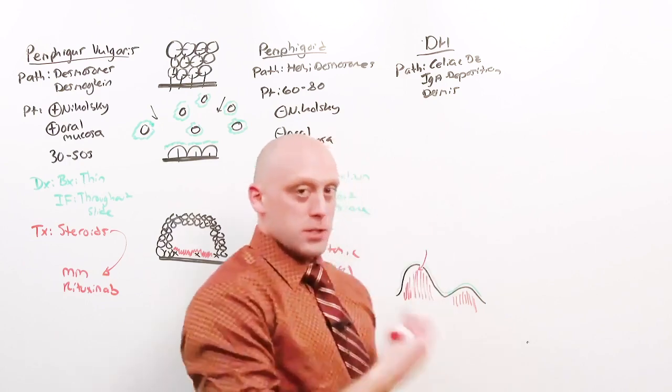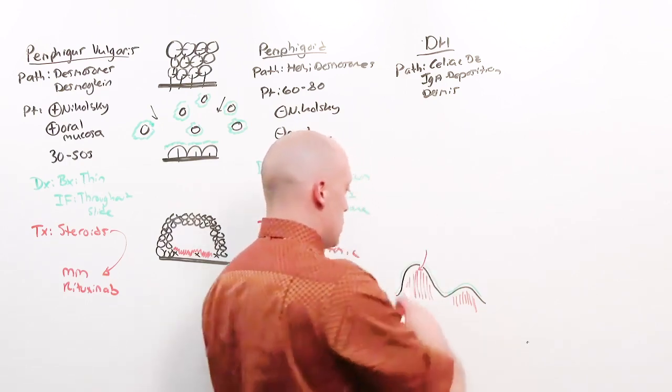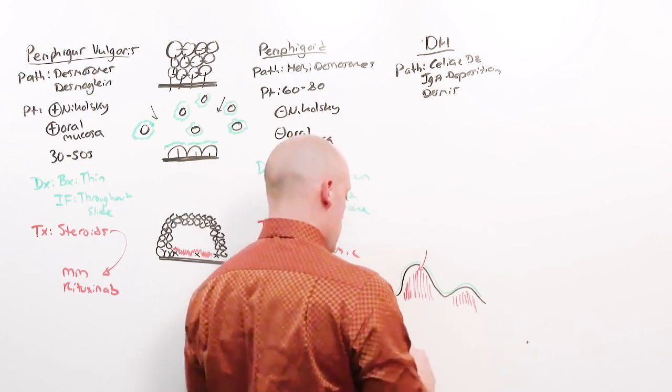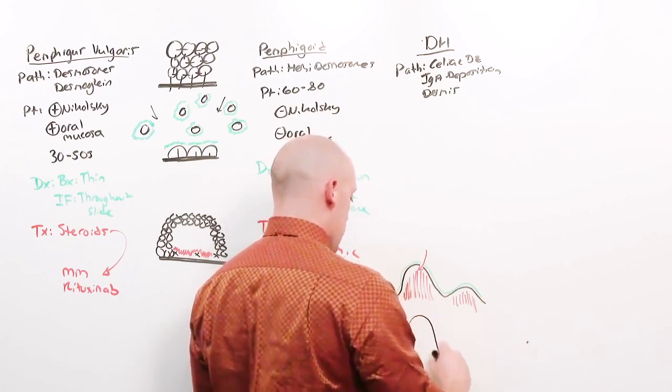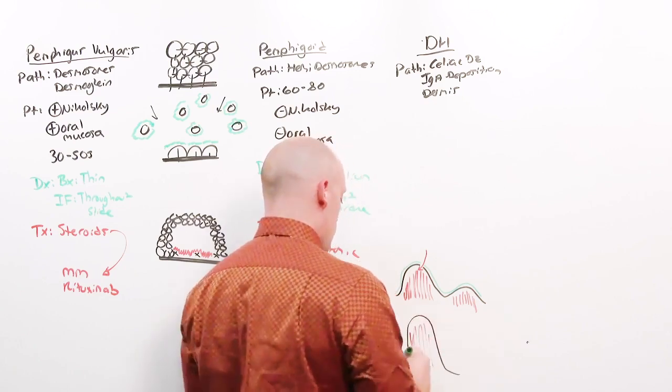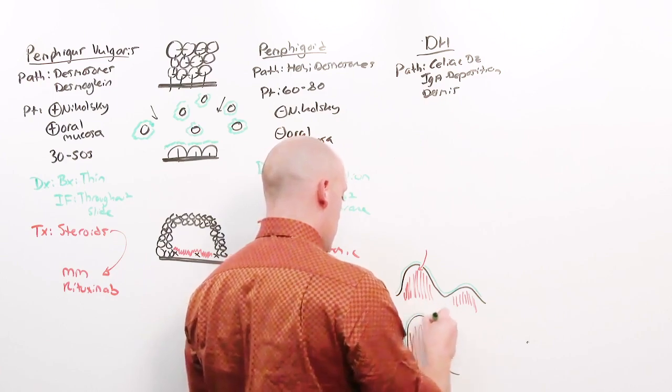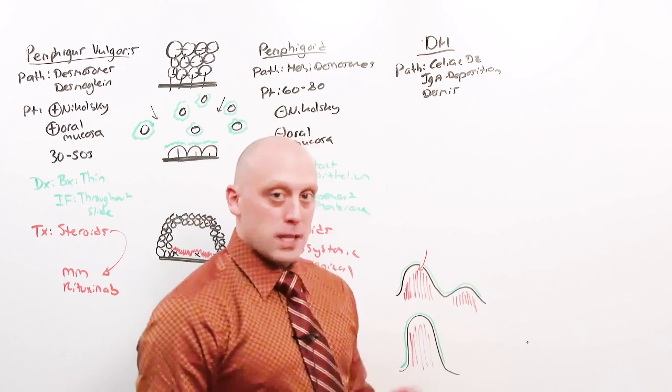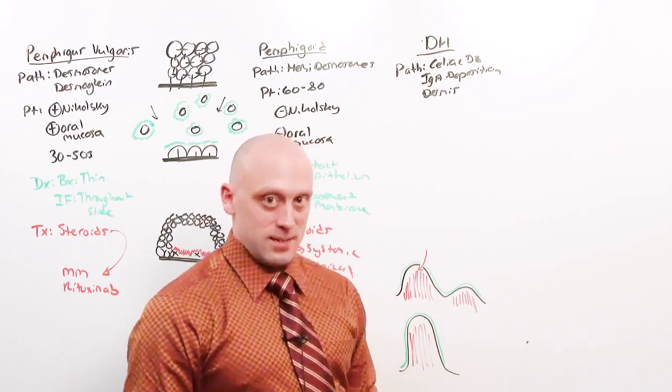As you deposit more IgA there, these things begin to stretch out and grow. So what you get is a raised lesion. The basement membrane is still there, the epithelial layer is still there, so you get a raised lesion that looks like a bulla, but it's not.